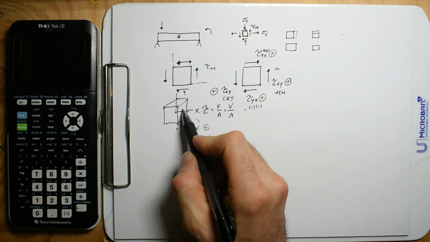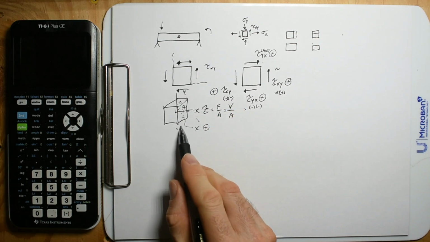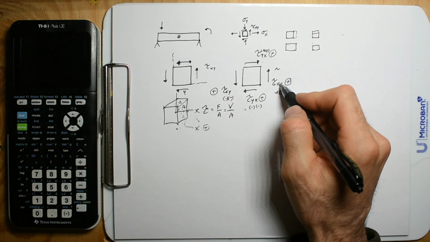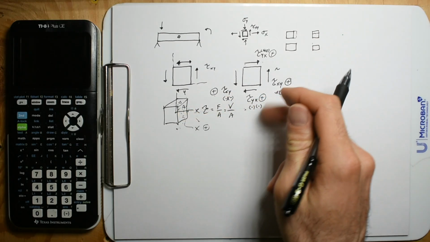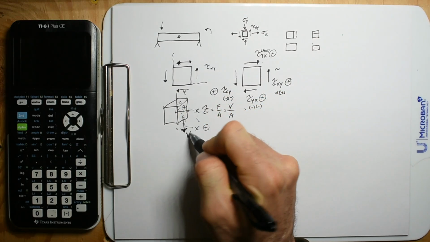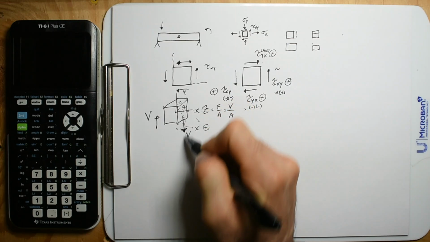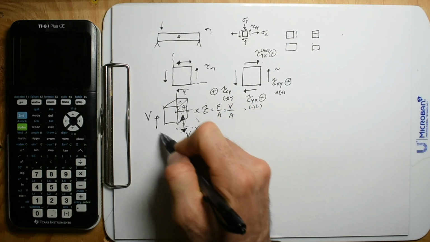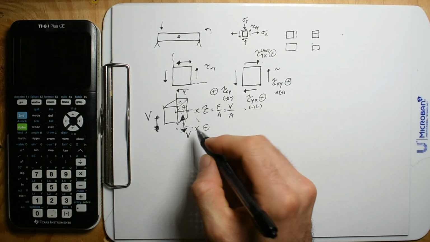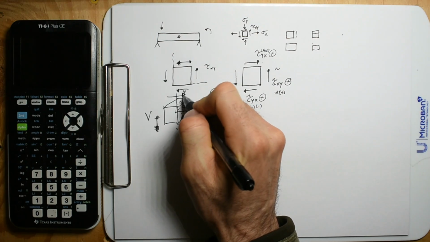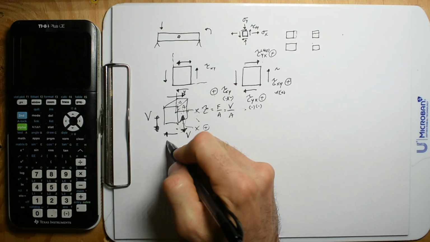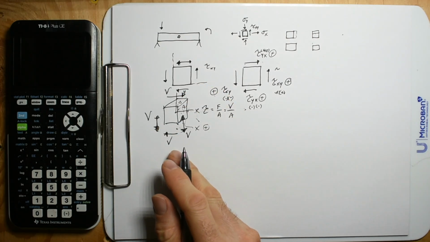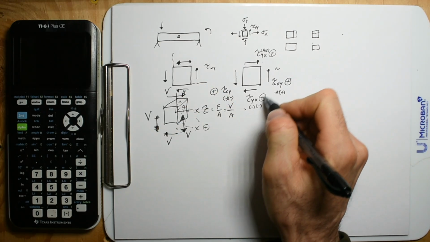Because the areas are the same on all these faces, and then the pressures, pressure times area, has to be associated with a force. So if I do have a force up, and then a force down, and then a force this way and this way, then these forces are the same, and therefore the stresses are the same.